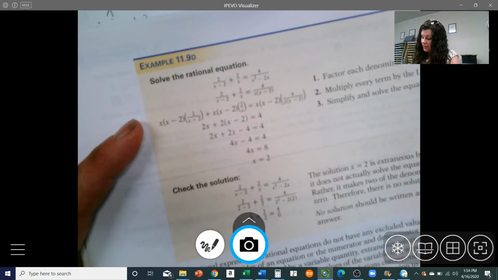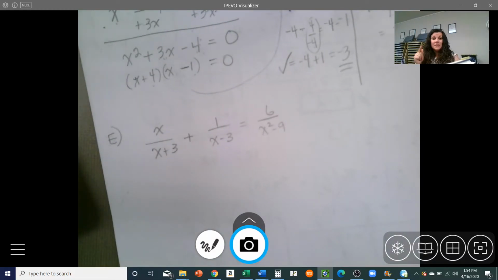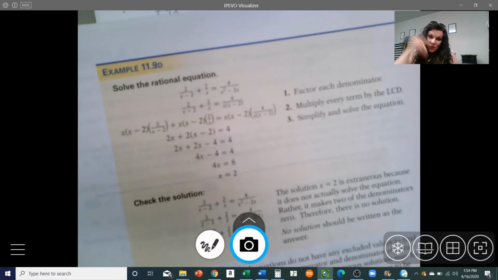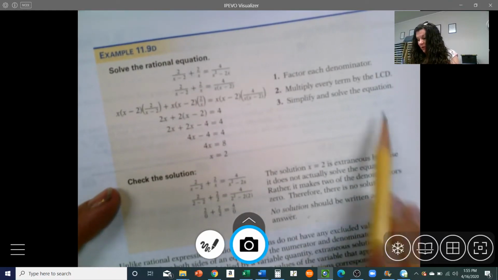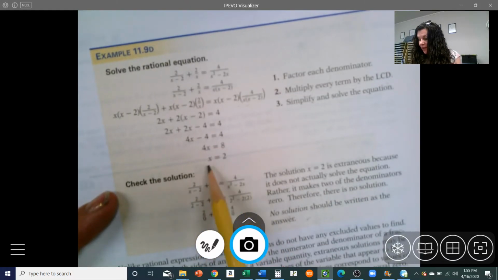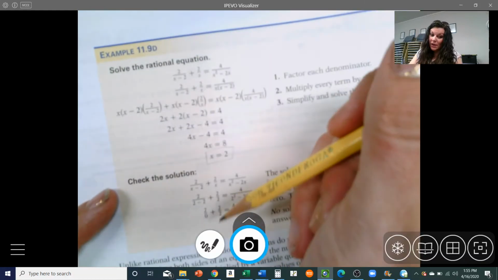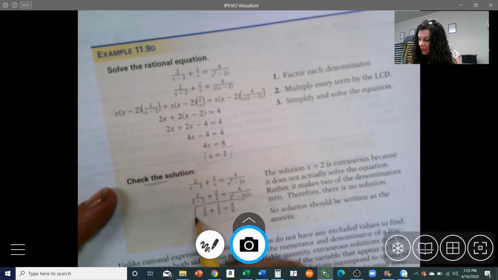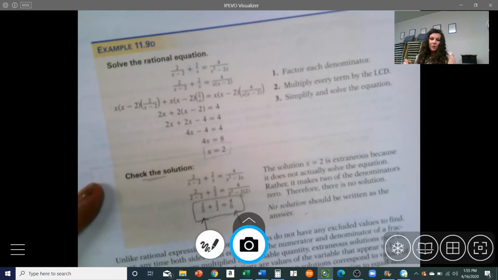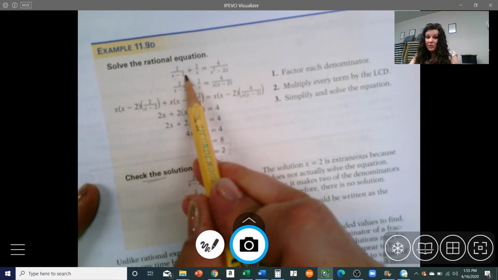The difference in the next one is that there is a solution that works, and there's an extraneous solution. So this one has no solution because this answer that they get, x equals 2, so they get that answer, and then they check it like they're supposed to do. And when they check the answer, look what happens. They end up with 0 in the denominator. Because look up here, if I put 2 in here, 2 minus 2 is 0.